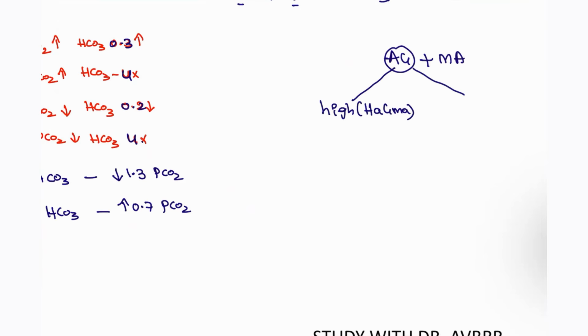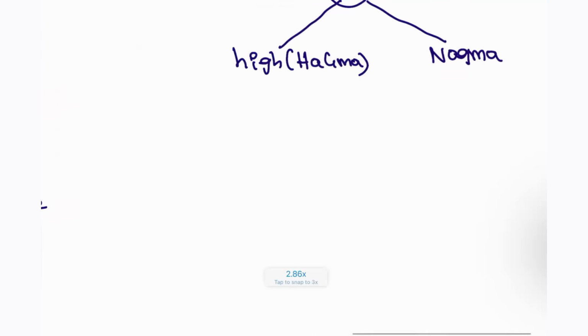Next, you also have the anion gap. Anion gap can be associated with metabolic acidosis. Either it can be high, which is known as HAGMA, or it can be NAGMA, normal anion gap. What are the conditions?